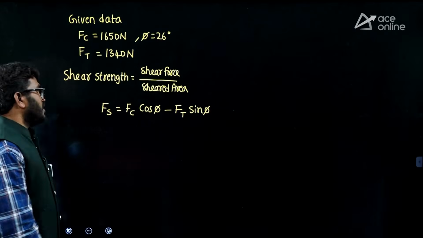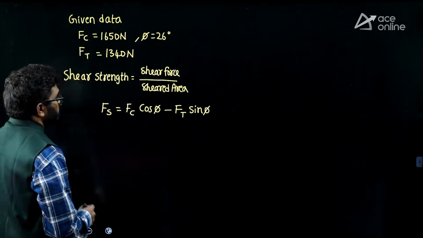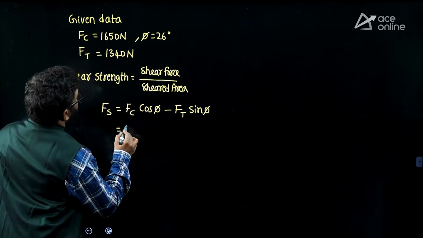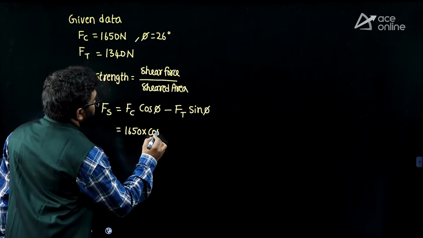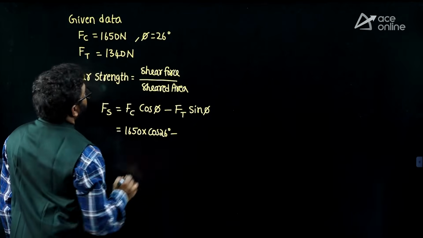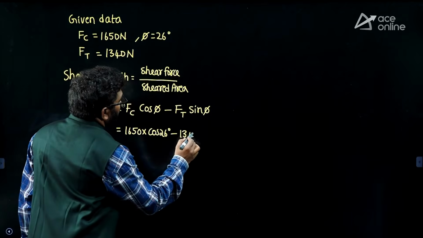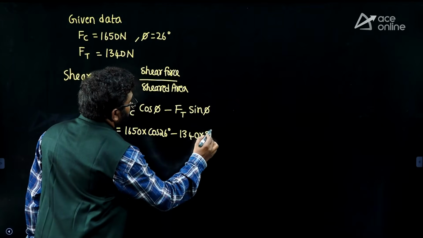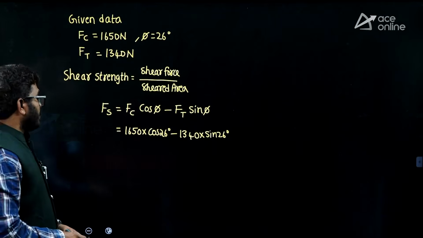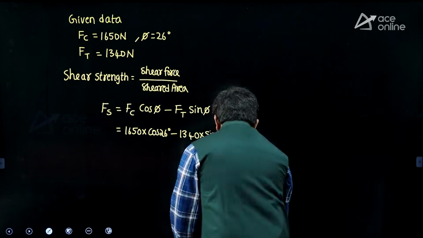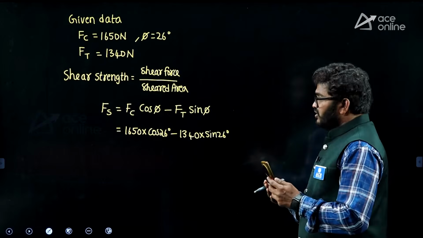So, 1650 into cos 26 degrees minus 1340 into sin 26 degrees.